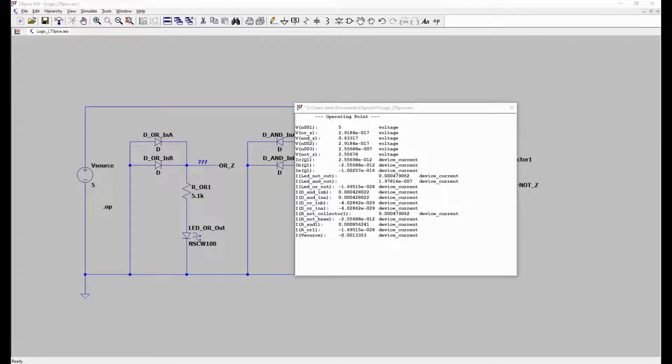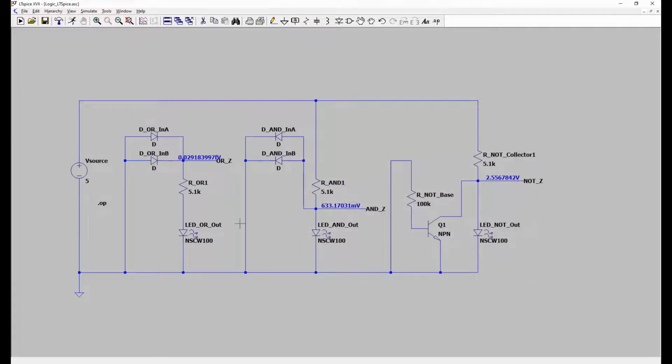I had to look it up, but 2.92 to the minus 17th is basically 29 attovolts. So basically 0. So low in, low in, low in, or low in is low out.